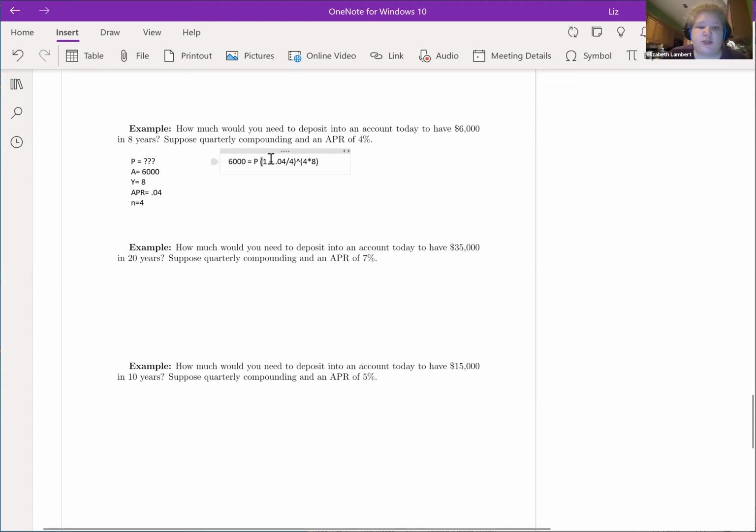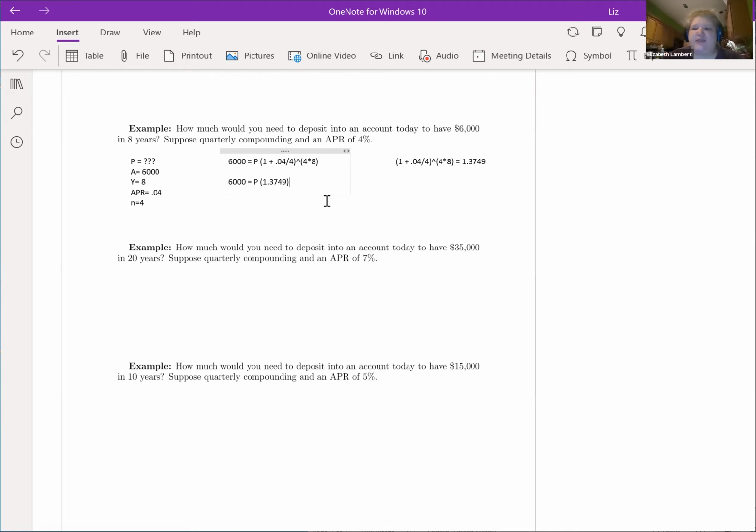I need to crunch what this number is. So that is 1.3749. So now this formula I can instead say is 6,000 equals P times 1.3749.